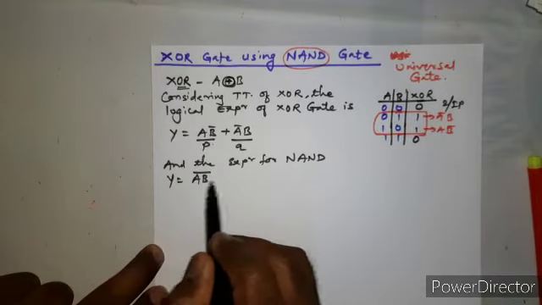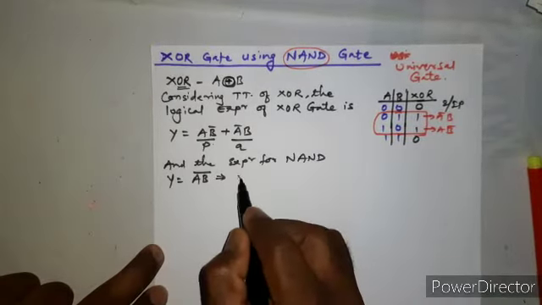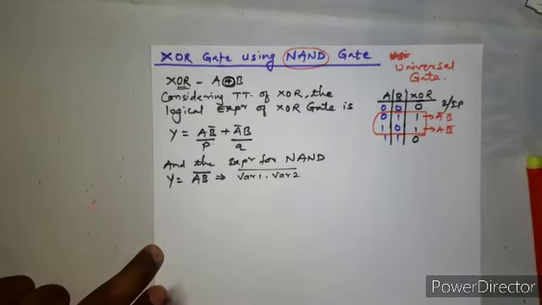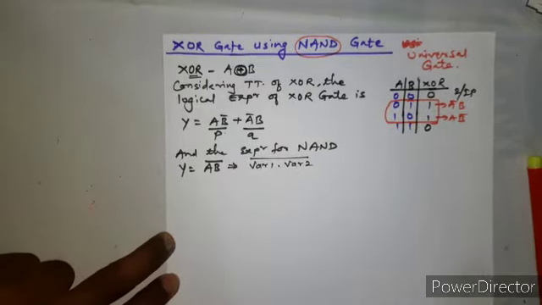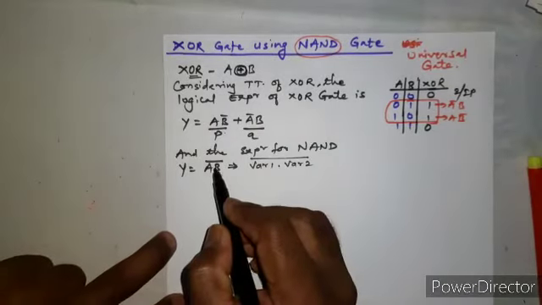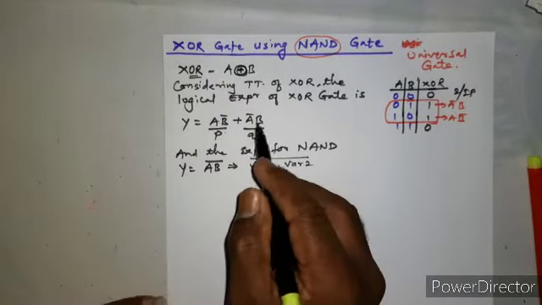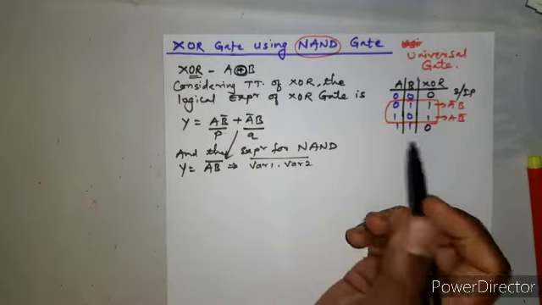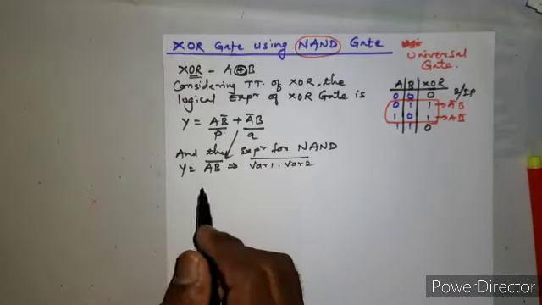In other form we can say variable 1 dot variable 2 whole bar. Okay, now since we want to convert this expression in this form, what can be done here?